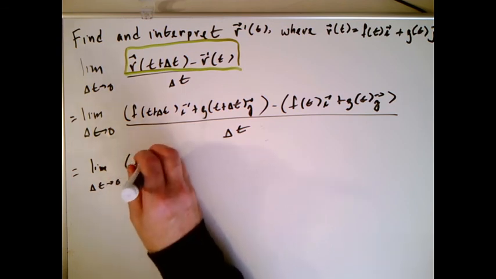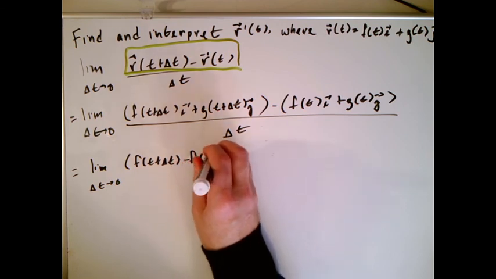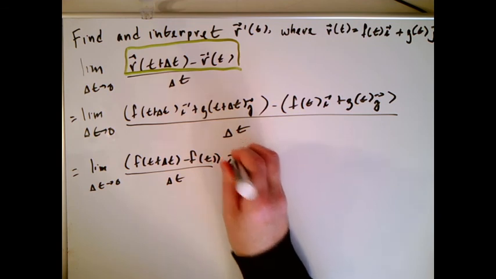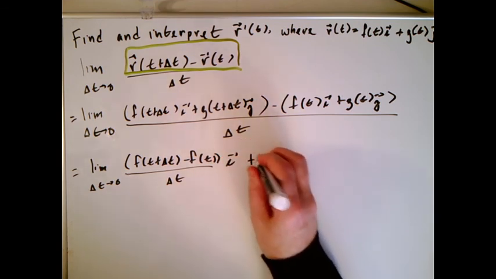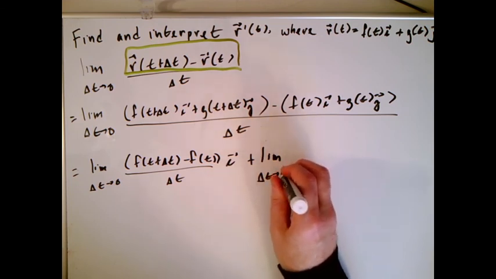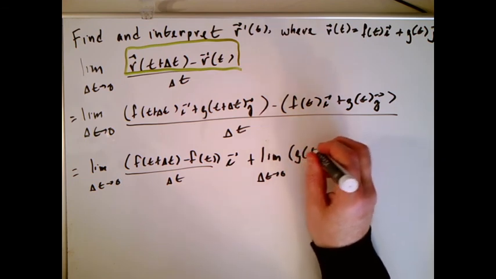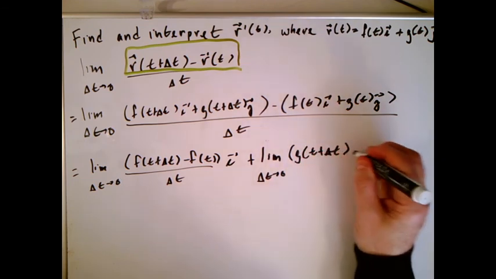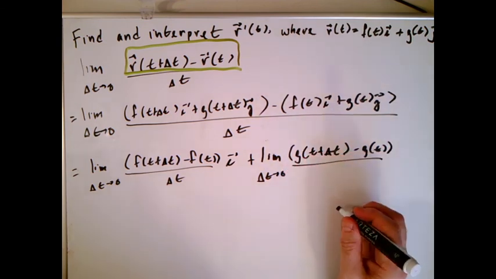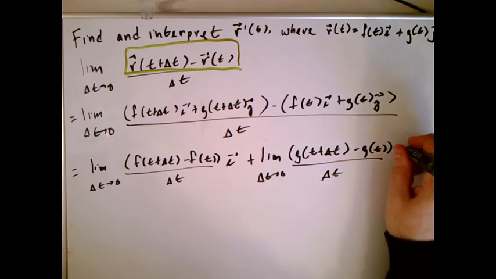So I have f of t plus delta t minus f of t all over delta t, and there's an i right here, and then plus the limit as delta t goes to 0, and combine the things that have j's. So I'm going to write down g of t plus delta t minus g of t all over delta t, j.